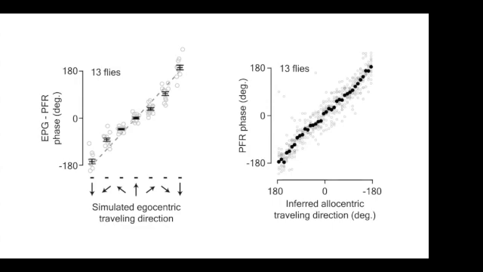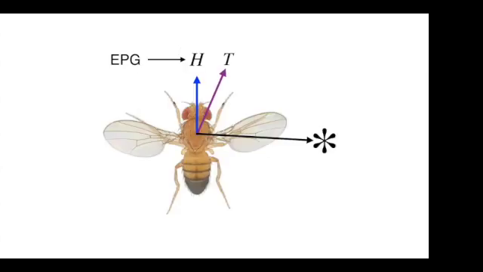It signals the direction in the world. You might notice here the axis is backwards. This is the sign flip that I warned you about, but told you not to worry about. So traveling direction is represented in these PFR neurons in the same way that the heading direction is represented in these compass neurons or EPG neurons. So obviously the next question is, how does this happen?